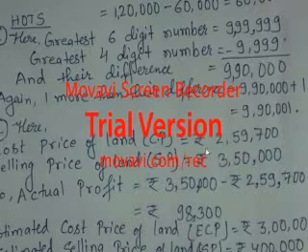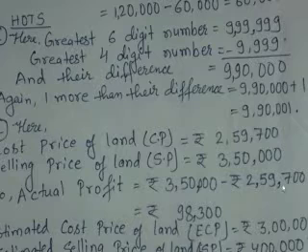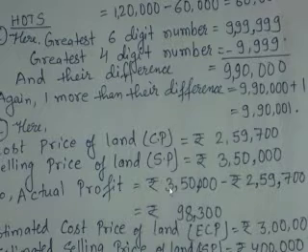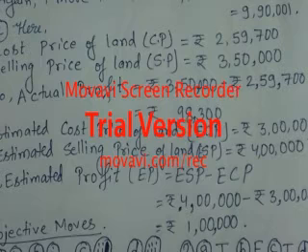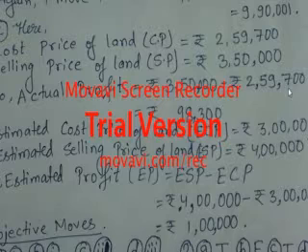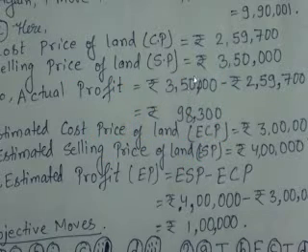So now 3,50,000 minus 2,59,700. Okay. So what happens when we subtract it? I had actually subtracted in the horizontal way only, but you can use the vertical way of subtraction, like 0 minus 0 is 0, 0 minus 0 is 0, but 0 minus 7 it will not be. So again what will happen, this 5 will be giving carry 1 to this 0, it will become 10, and again this 10 will be giving carry 1 to this 0 and it will become 10, and this will become 9 and 4.